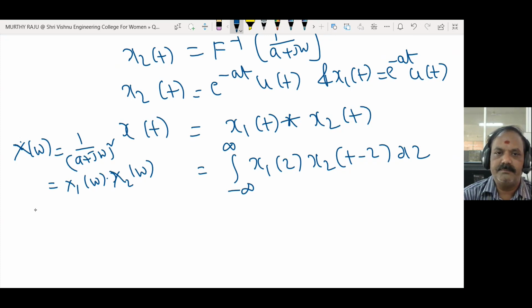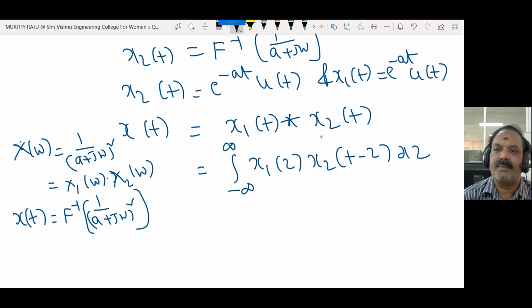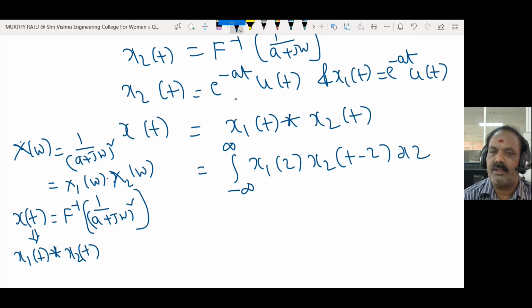Here, x of t is equal to the inverse Fourier transform of 1 by (a plus j omega) whole square. But x of t is x1 of t convolution with x2 of t. x1 of t and x2 of t are determined already: x1 of t is e power minus at u of t, and x2 of t is e power minus at u of t.